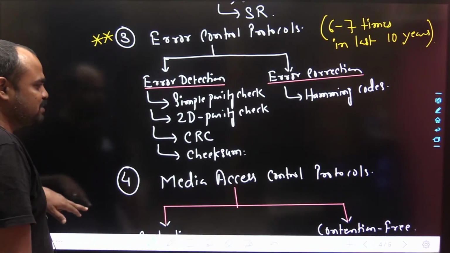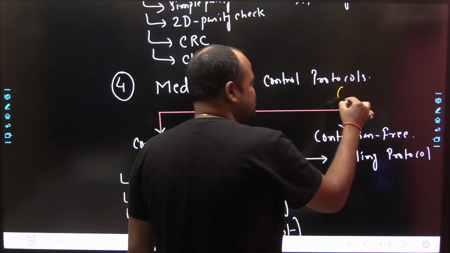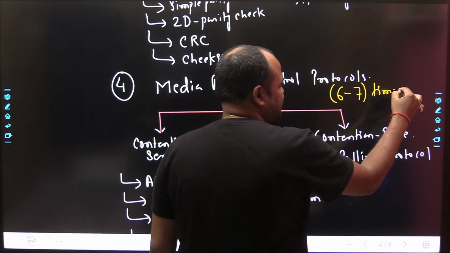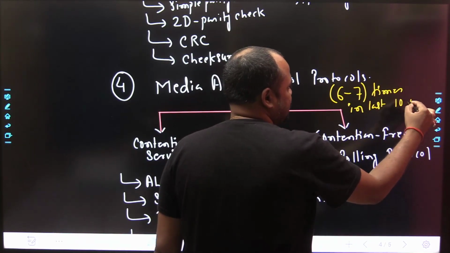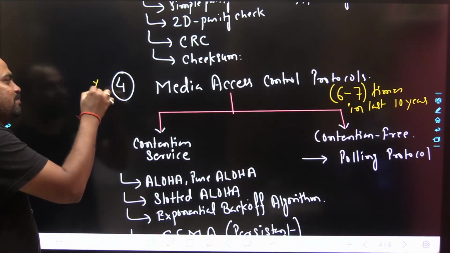Similarly, once you talk about the media access control, then almost 6 to 7 times in the last 10 years. Also here you can evaluate that you can mark it double star.